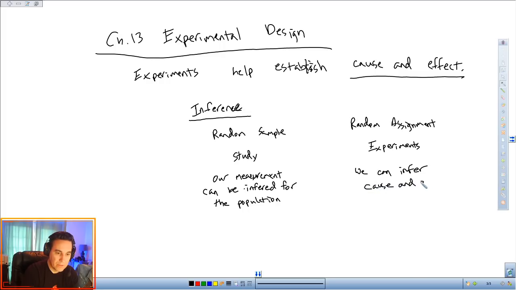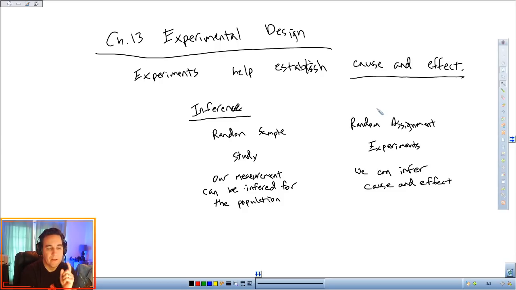Now, here is the little wrinkle. There's a little wrinkle in this. Most of the time when we do experiments, we have volunteers. If I have volunteers in my experiment, then I cannot infer that the cause and effect I figured out will work in the whole population, because I didn't take a random sample from the population first.